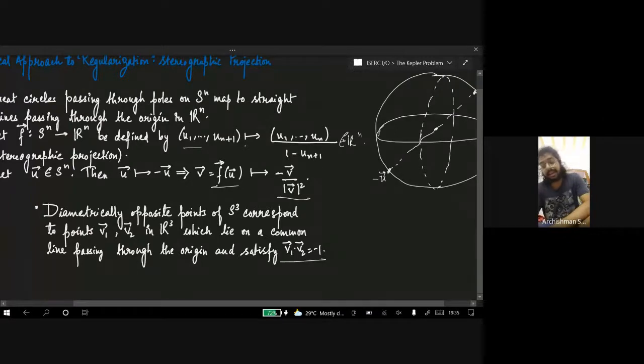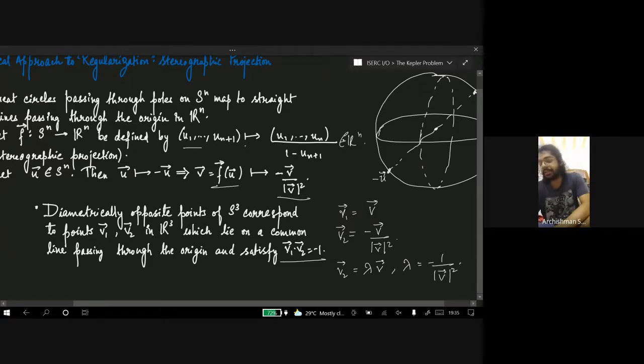The reason these lie on a common line through the origin is if v1 is, let's say, v, and v2 is minus v by norm of v squared, then v2 can be expressed in the form lambda v, with lambda equal to minus 1 by norm of v squared.